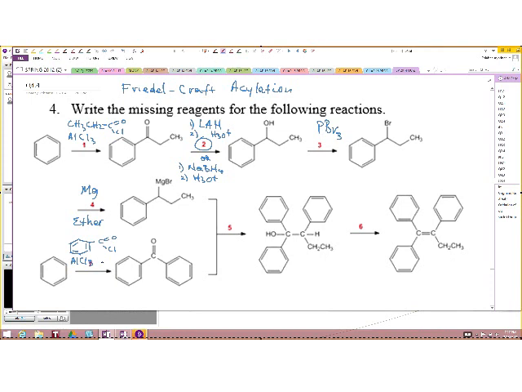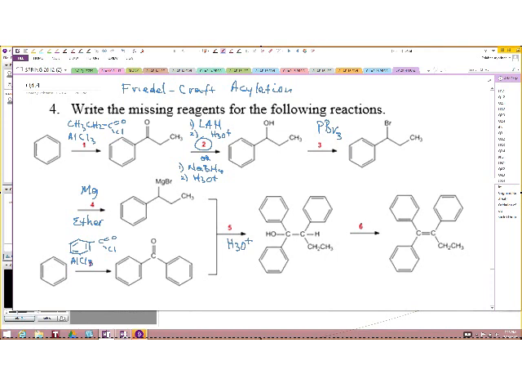That is Friedel-Crafts acylation. And finally, you are reacting this with this ketone, and you get this. So what do we need for 5? Hydronium ion, exactly. All you need here is hydronium ion.